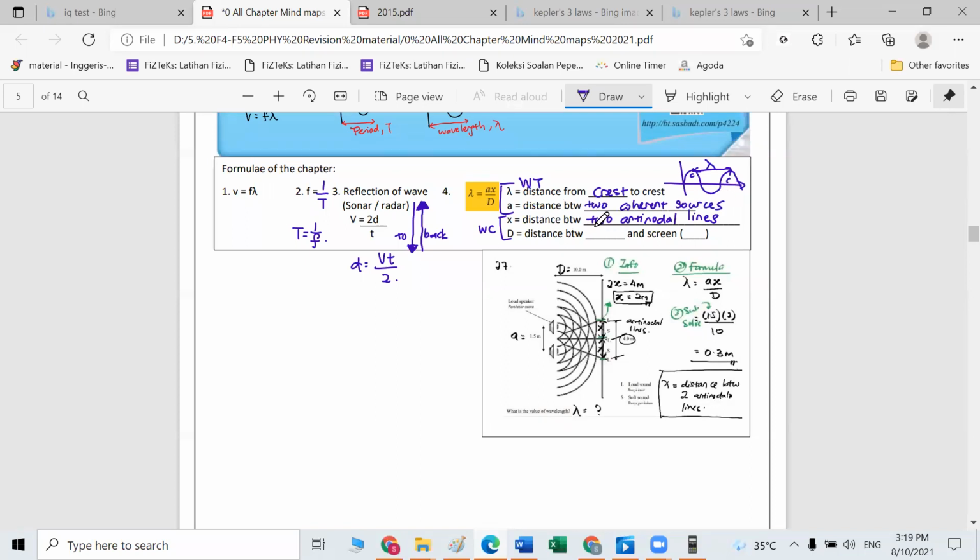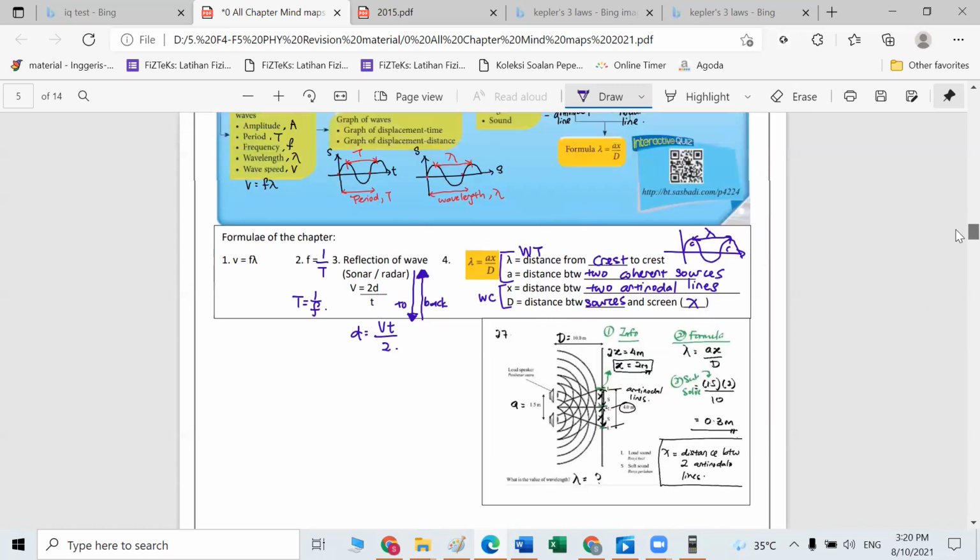D is the distance between sources and screen. Now D is here from source to the screen. X is antinodal to antinodal. Lambda is crest to crest.